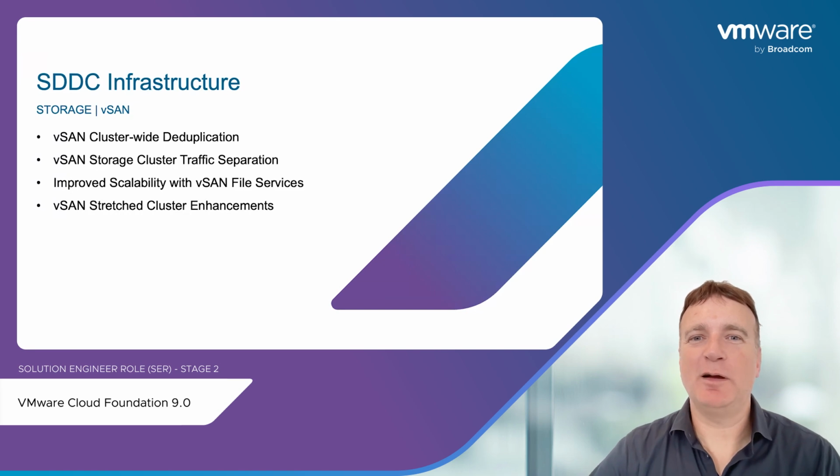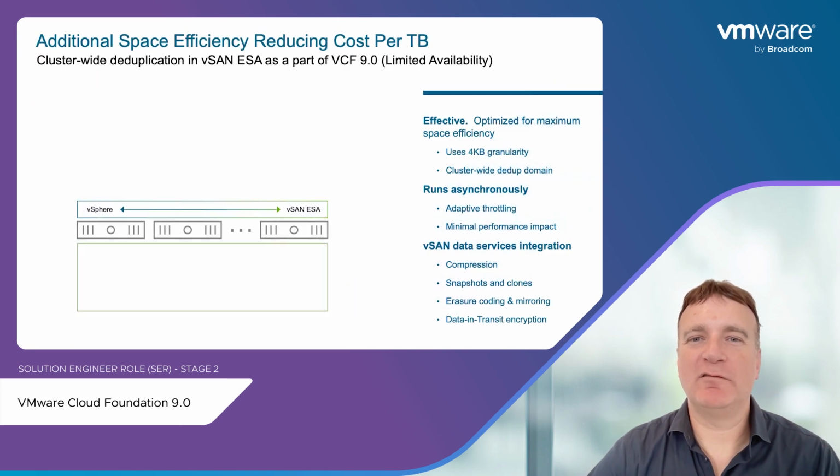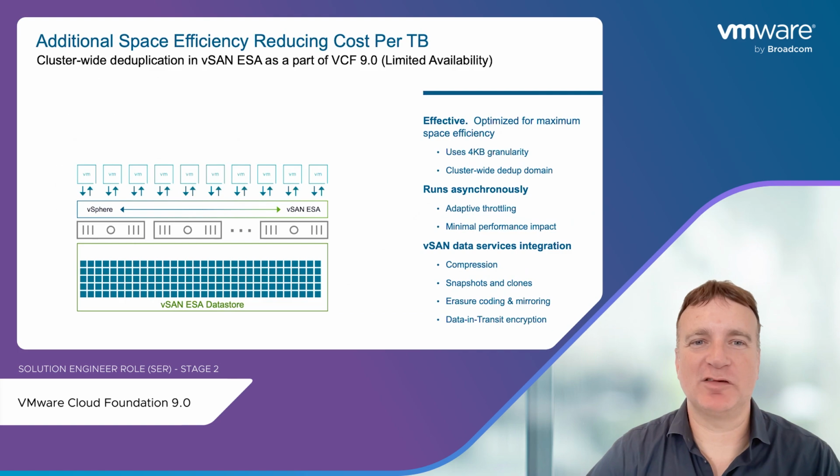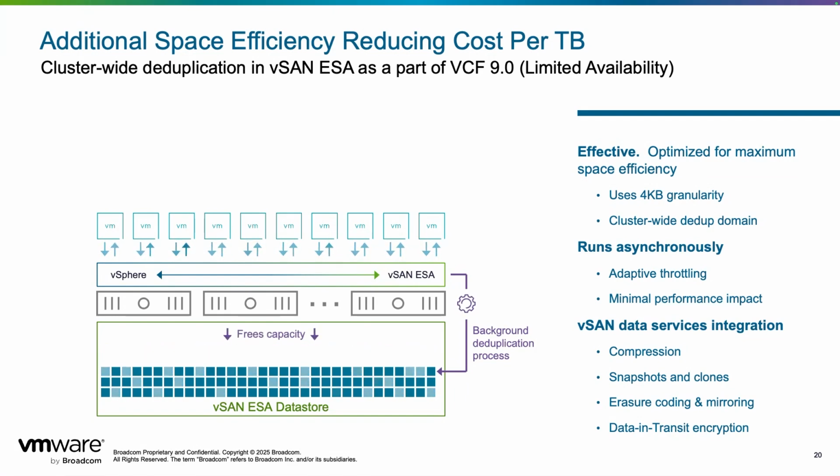vSAN now includes a number of new enhancements which we can now leverage within VCF. VCF 9 introduces deduplication for vSAN Express storage architecture. This is a cluster-wide deduplication technology that is designed for maximum levels of space efficiency with minimal impact on guest VM workloads.